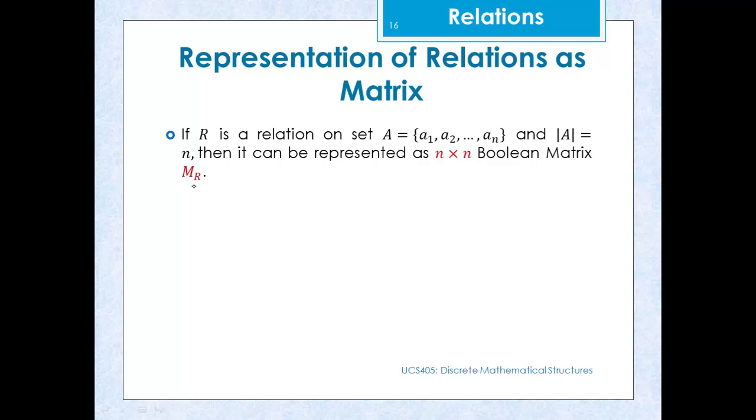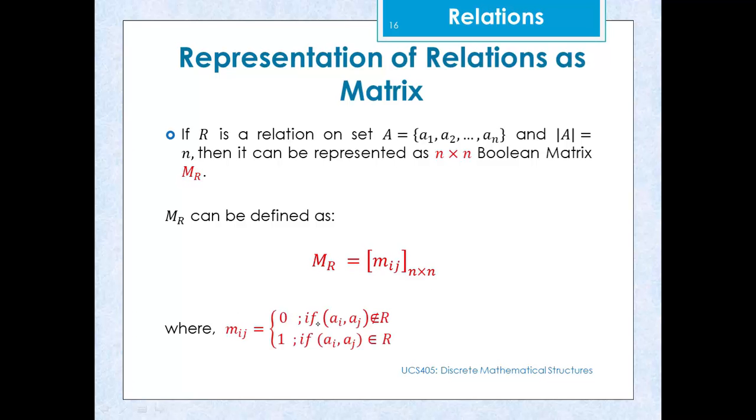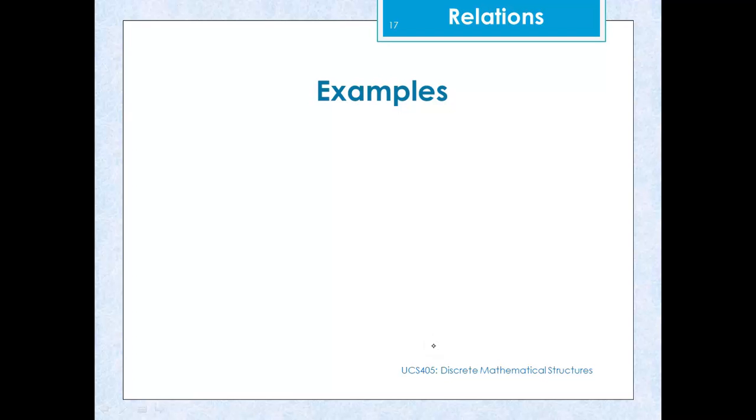Let us denote it as MR, where MR can be defined as [Mij] n cross n, where Mij equals 0 if the ordered pair (Ai, Aj) does not belong to R, and it will be 1 if (Ai, Aj) belongs to R. So, let us see some examples of it.